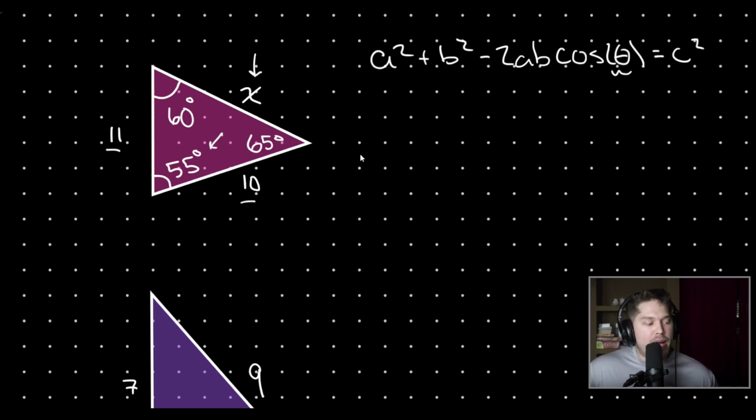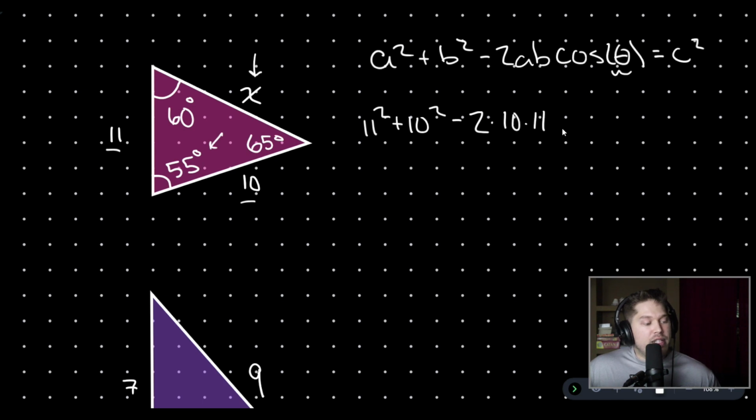That doesn't really matter. So whenever we plug in our values, we have 11 squared plus 10 squared minus 2 times 10 times 11 times cosine of 55 degrees is equal to x squared. Now we'll simplify and just plug it into a calculator.